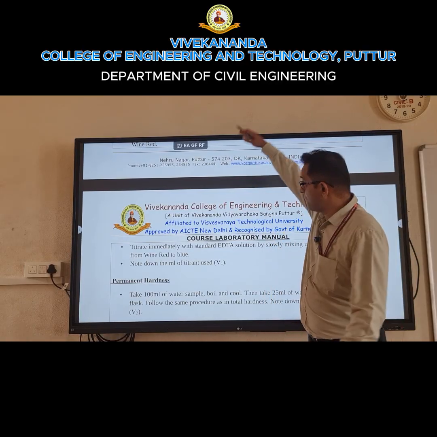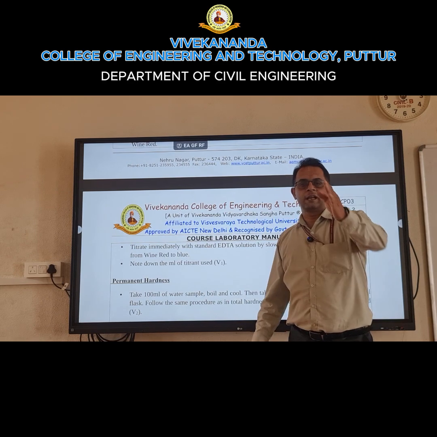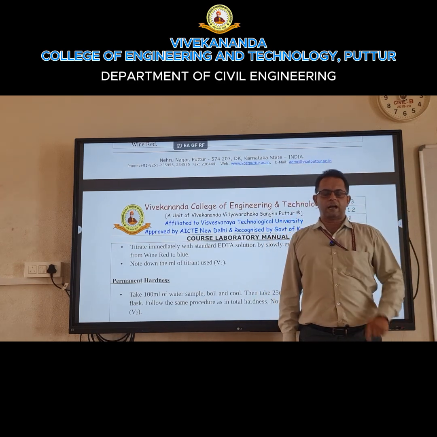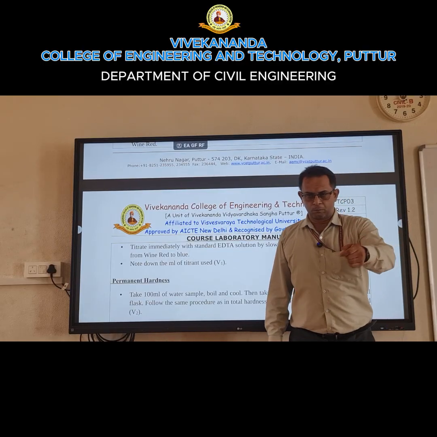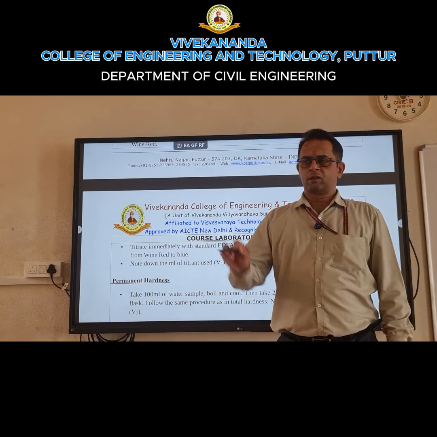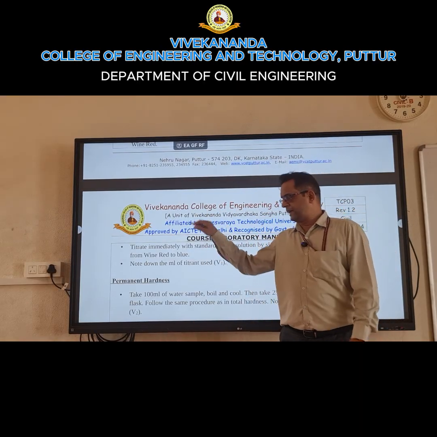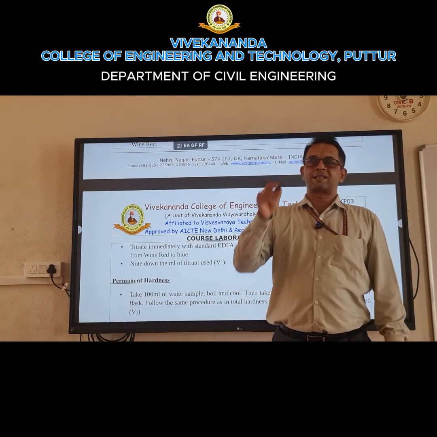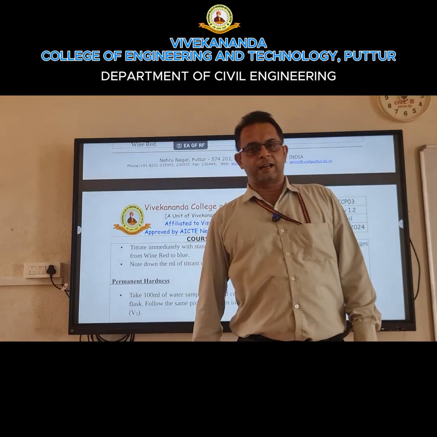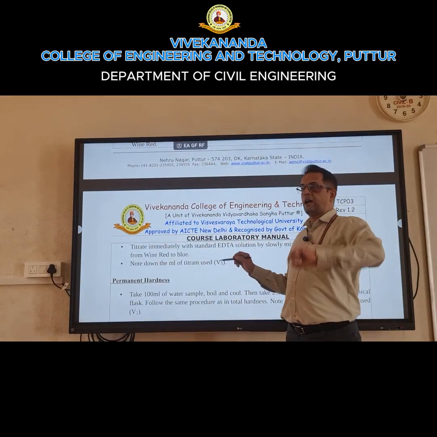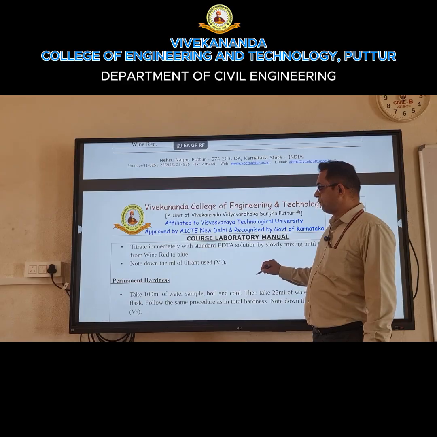Afterwards, once again the same procedure: 25 ml of sample, add the ammonia buffer and EBT indicator, the color turns wine red, then titrate with EDTA solution until it becomes blue. Once again, I take the initial reading and final reading for 3 trials. The average of that is taken as V2.